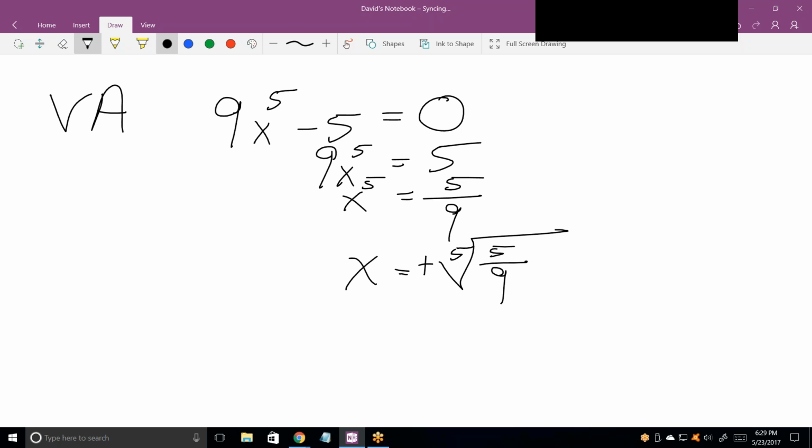In other words, if it was x to the 4th, then it would be plus or minus the 4th root of 5/9. But if it's odd, then either it's an even number or an odd number. It's not both. Okay, so there's your vertical asymptote.